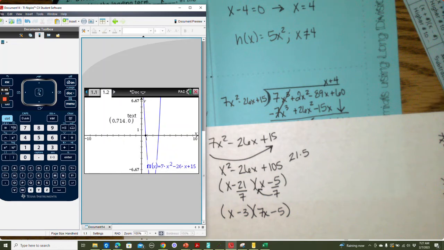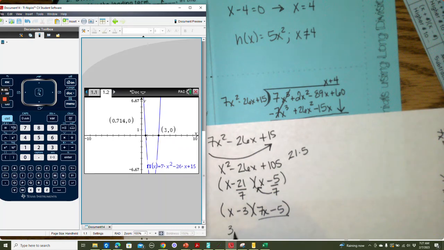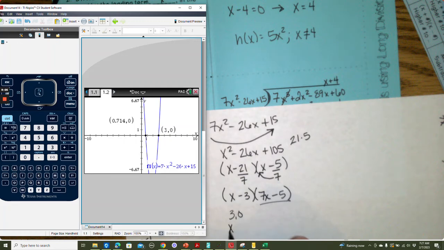So here's one of my zeros, but again, this is not very accurate. It's going to be this one. And then menu 6, 1. Here's my other 0, which would be this one at 3, 0. So for sure, if x equals 3, we'd be dividing by 0.